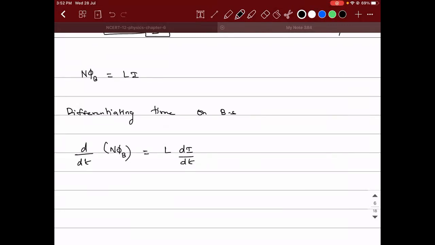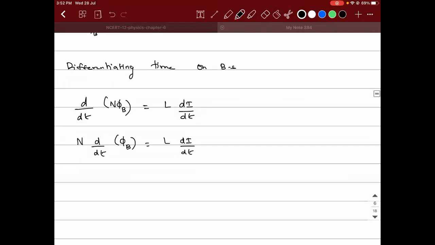Right, it will be equal to L into di divided by dt. So if I take that N out, N into d by dt of phi B will be equal to L into di divided by dt. Okay. So what is this thing, guys? Actually, I need not take the L out itself. So what is the derivative of flux with respect to time called as?